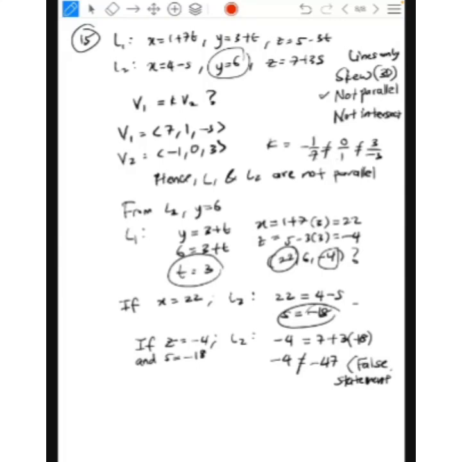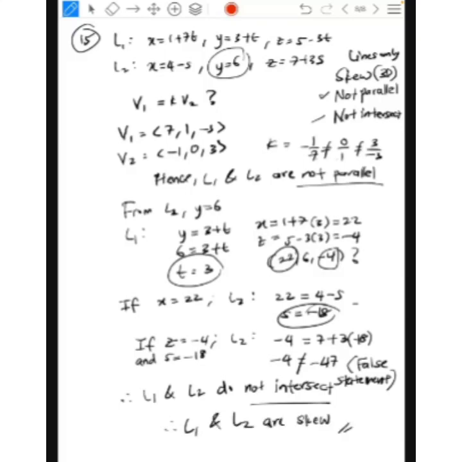So there is no value of x, y, z which is the same for L1 and L2. There is no point of intersection for L1 and L2. So we call it does not intersect. So L1 and L2 do not intersect. When it is not parallel and not intersect, L1 and L2 are skew.